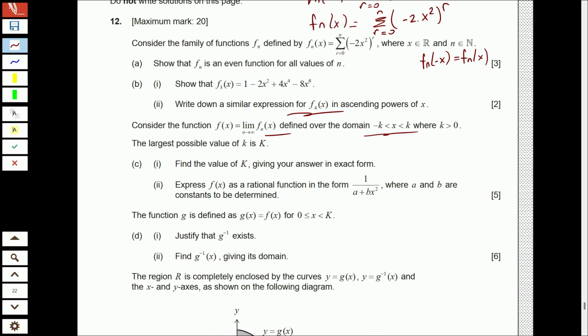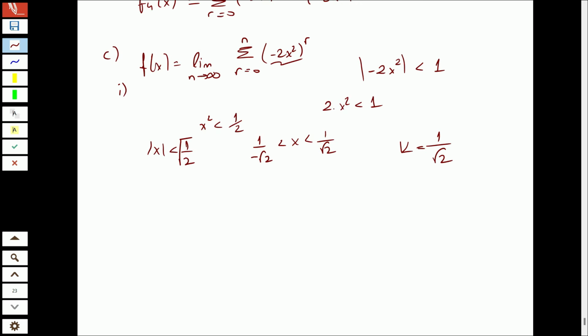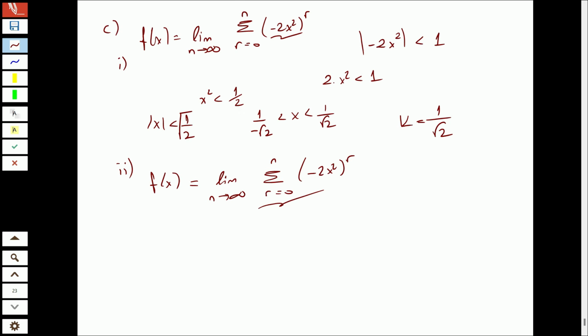Yeah. At the next question, express f of x as a rational function in the form, and I know that we already found the common ratio in here. Let's write it again. F of x is this one. Yeah. So what is the sum of this while n approaches infinity?